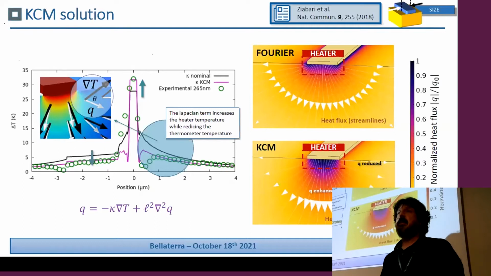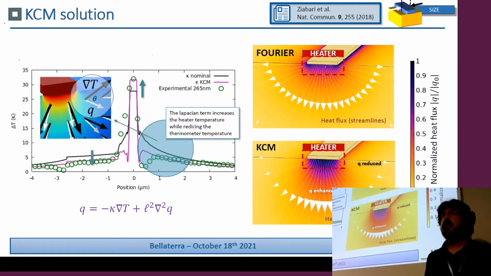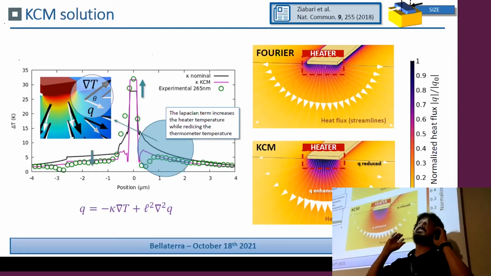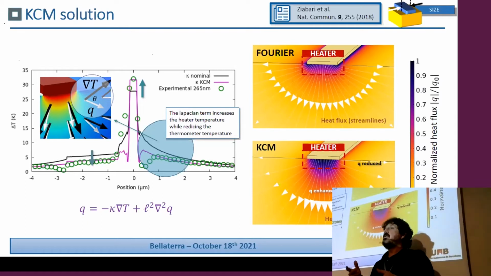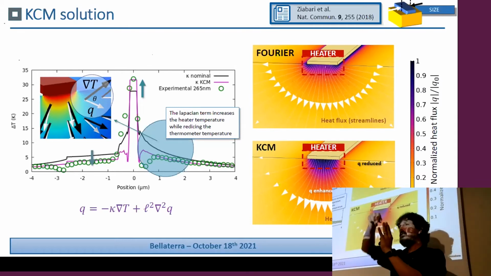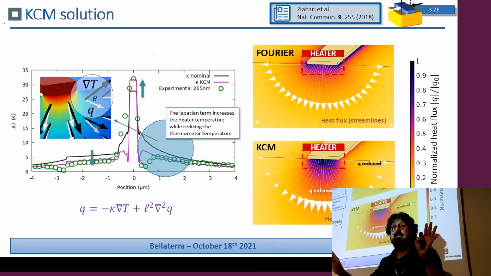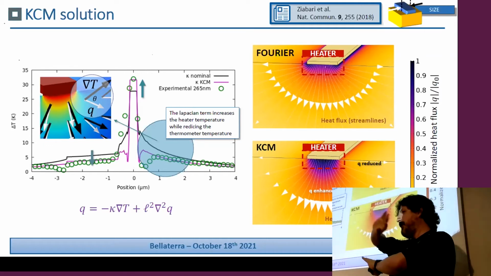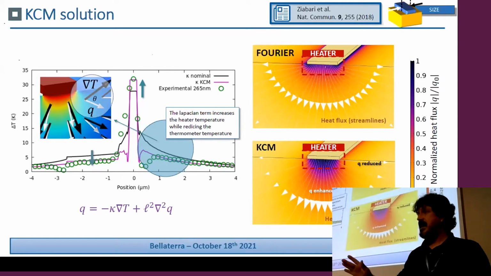Well, why is this happening? Because from our point of view, the Laplacian of Q gives you a kind of, let's say, inertia of the heat flux. Why does it give you this inertia? Because when you have a tiny structure, when you go down the structure, you don't have any scattering, neither normal nor resistive. And as you don't have any scattering, heat flux should go downwards.